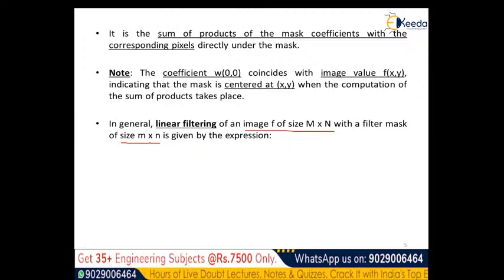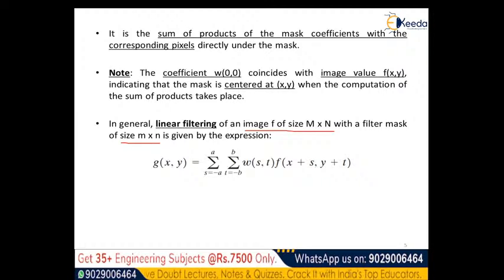Then this particular filtering can be represented by g(x,y), which is the new pixel intensity that is to be achieved by this linear type of spatial filtering. The process here is the multiplication of the filter coefficients with the pixel intensities and finally the summation.